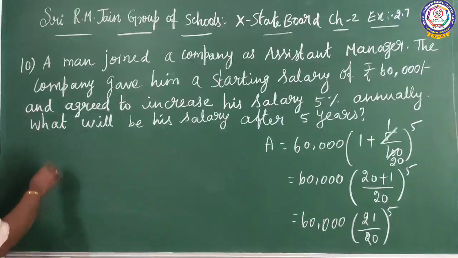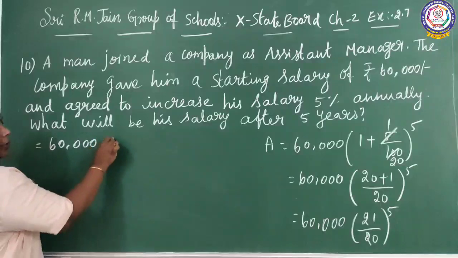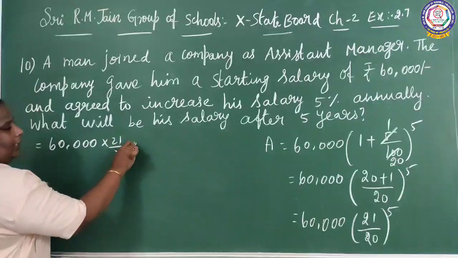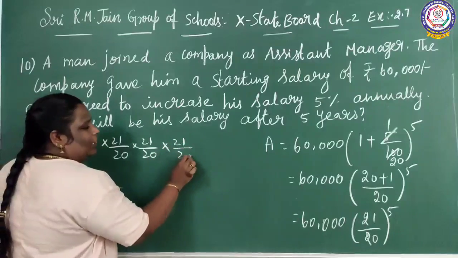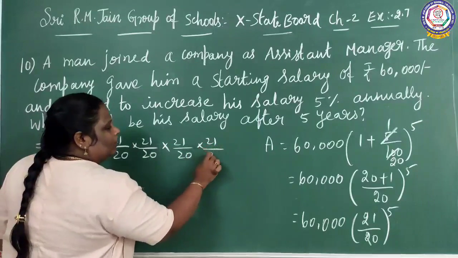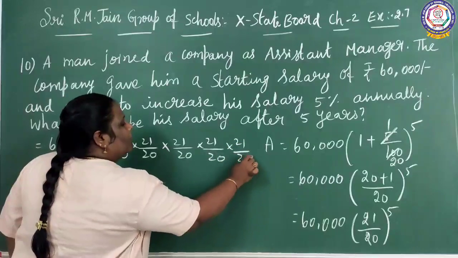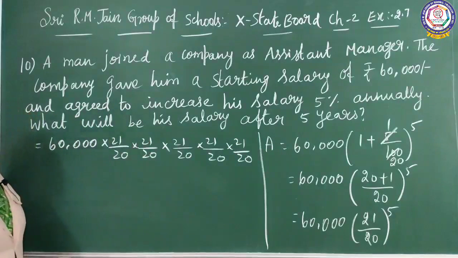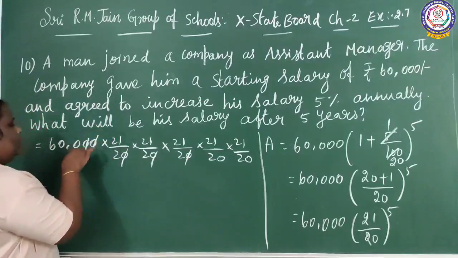So it gives 60,000 into 21 by 20 into 21 by 20 into 21 by 20 into 21 by 20 into 21 by 20.